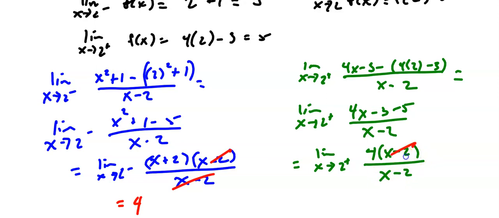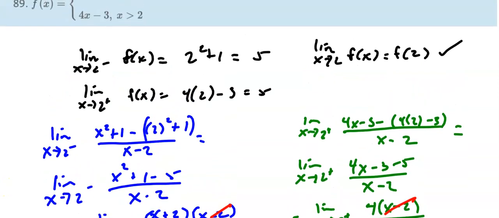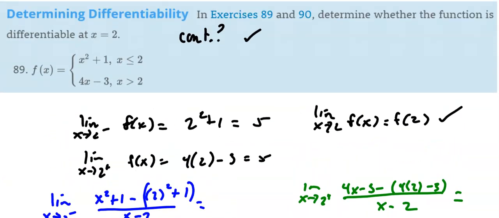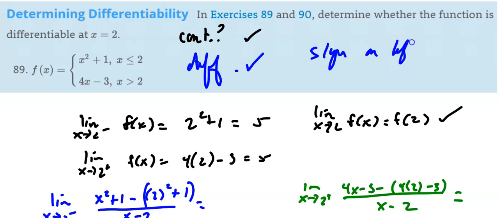A couple factors cancel there, and I get 4. Because the left-hand limit for the derivative and the right-hand limit for the derivative both equal 4, we can say that this derivative is truly 4, which means, is the function differentiable? Yes, the slope on the left and on the right are the same.